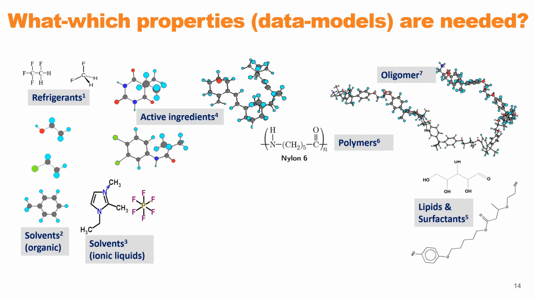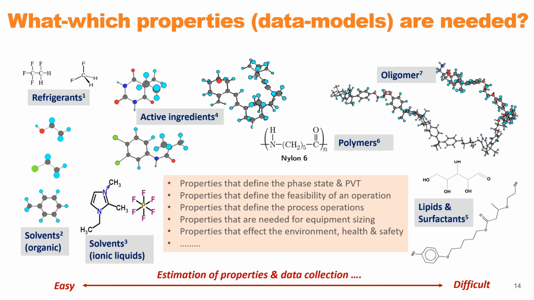So what do we need of these chemicals? We need to understand the properties that define the phase state. Is it vapor, liquid, solid? And what is the pressure, volume, temperature relationship? Properties that define the feasibility of an operation, like if it is distillation, what is the vapor pressure?